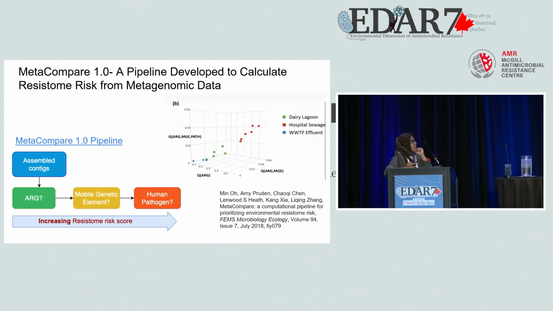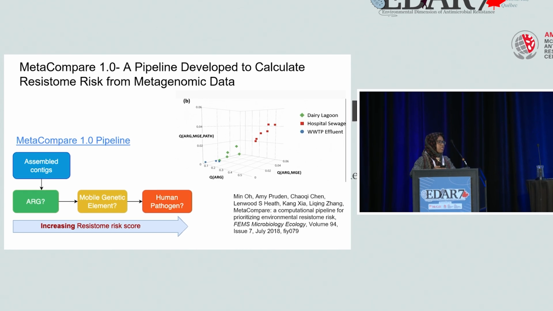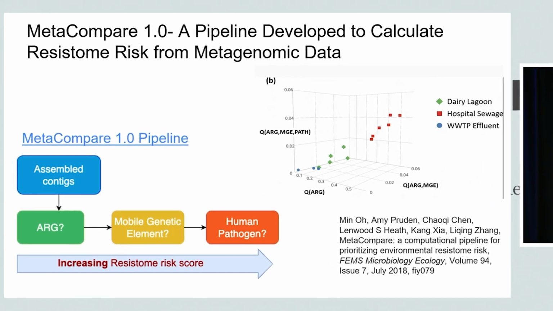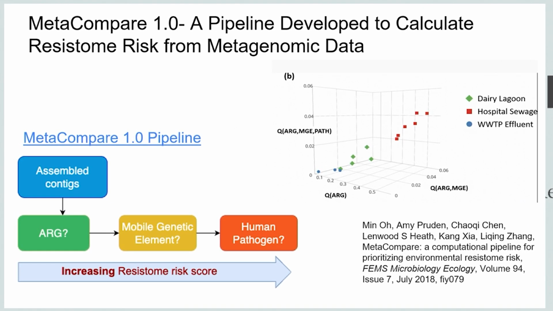The concept of resistome risk has been utilized in designing several computational pipelines in the following years. For example, MetaCompare-1 was published in 2018. This pipeline takes assembled contigs as input data and outputs a number called the resistome risk score.